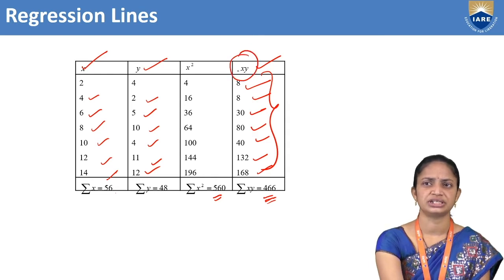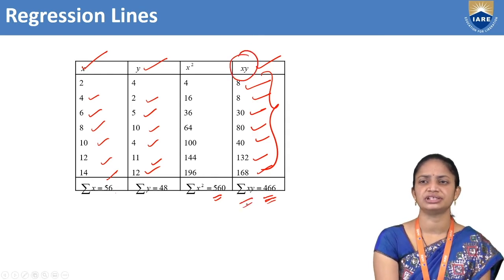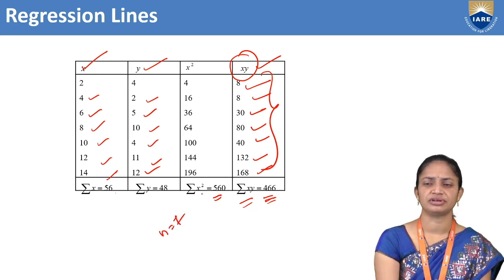So summation xy is 466, and n equal to 7.